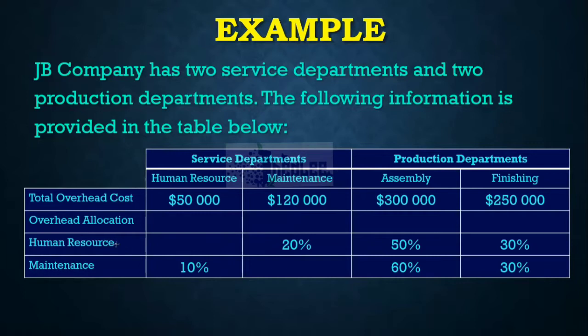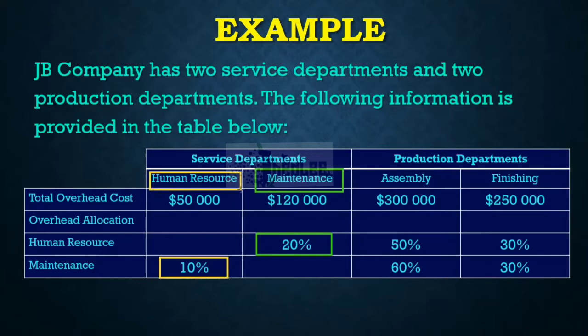Now, the human resource department is providing 20% of service to the maintenance department, while we can see that the maintenance department is providing 10% of service to the human resource department.